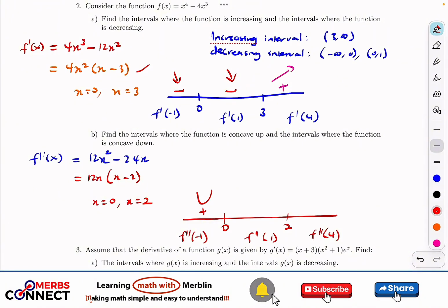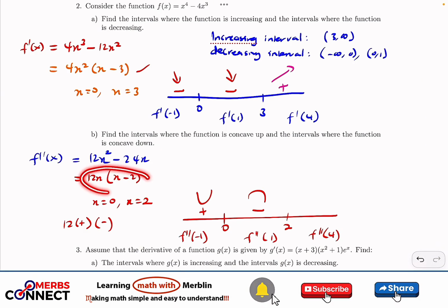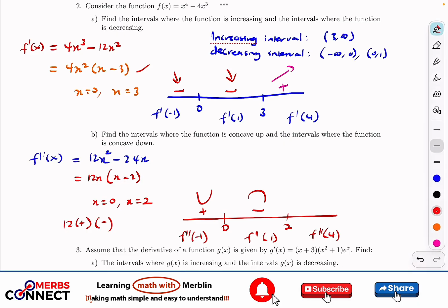Now let's look at 1. This will be positive, and this is going to be negative. So this is minus, and this is going to be concave down when you plug in 1. Last one is 4. This one will be positive, and this one too will be positive. So this is still positive, and this is up.